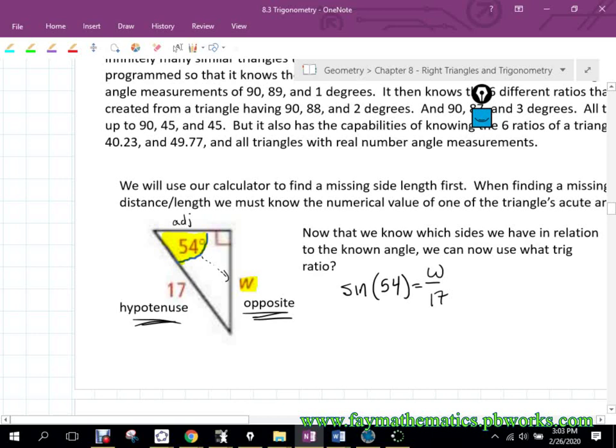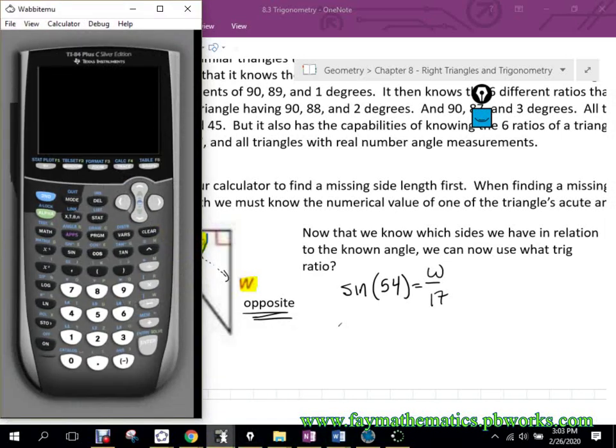Okay? So that sine of 54, guys, is like in 7-2, when we were able to look at two triangles and say, oh, this one has a hypotenuse of 12, and this one has a hypotenuse of 15. Well, the scale factor would be 12 to 15. This is saying what the scale factor is.